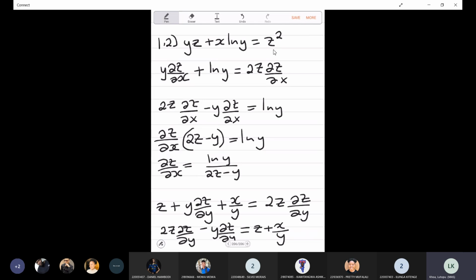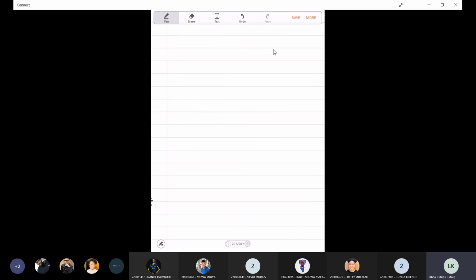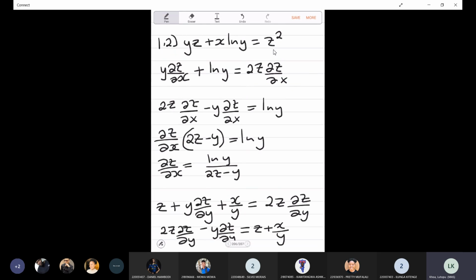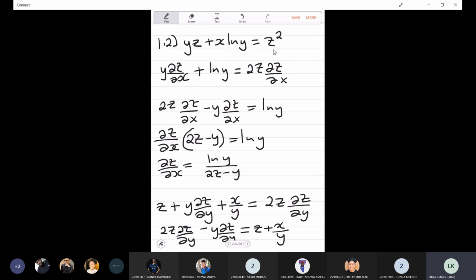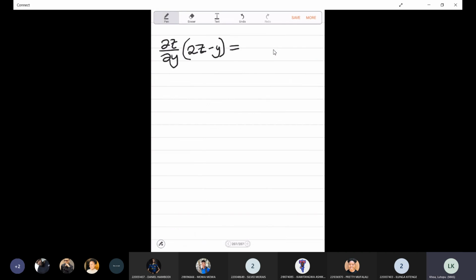On the left hand side, you will factor out dz/dy and then make it the subject of the formula. We have dz/dy, we factor out, we have 2z minus y, and then on the other side, we have z plus x over y.